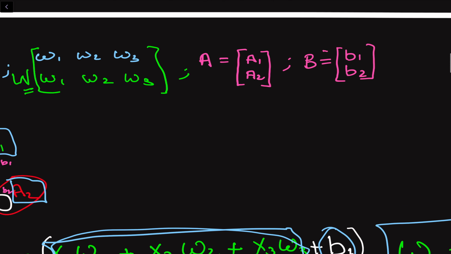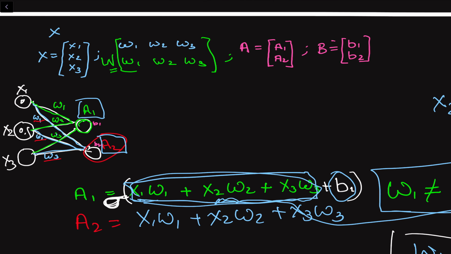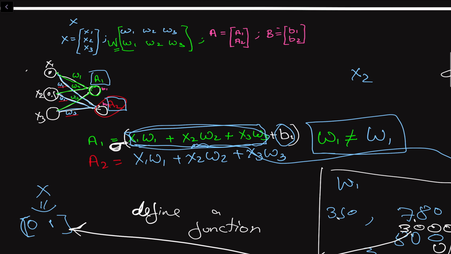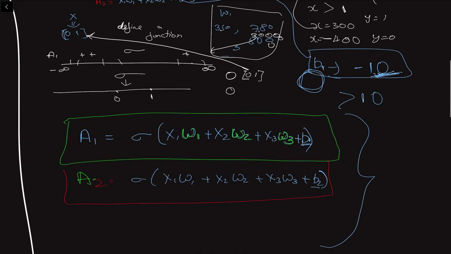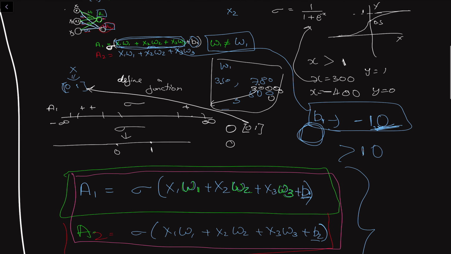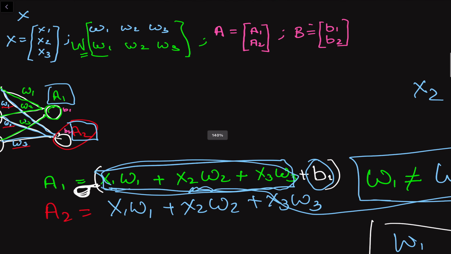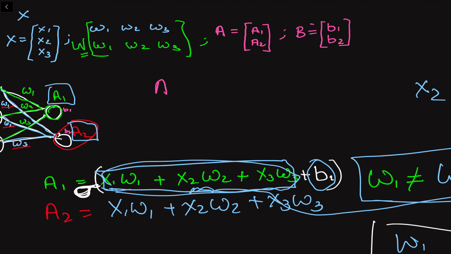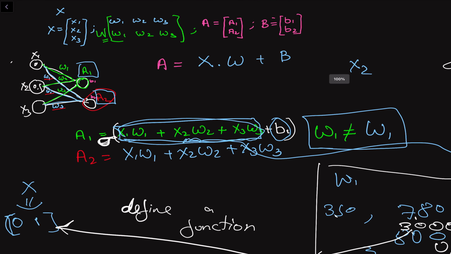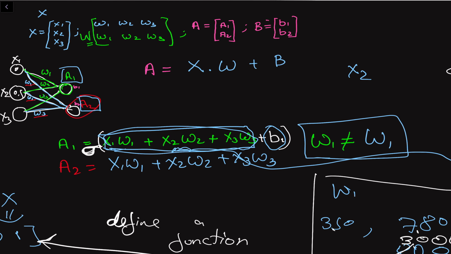All right, we have everything in nice matrices, and according to this formula, we're gonna write these matrices as A equals X dot W plus B. Okay, this should make sense. Since they're in matrices, the dot product is the matrix multiplication.